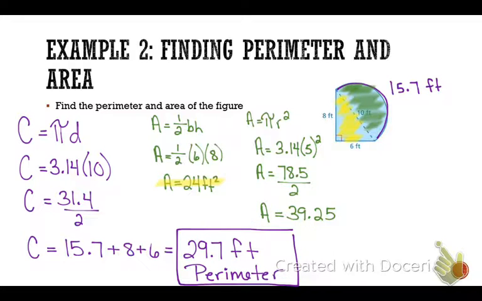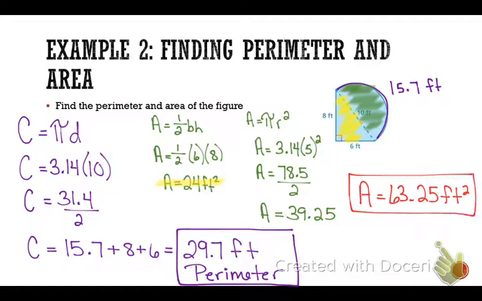Add them together. So 39.25 plus 24 gives me 63.25 feet squared. All right? It's not the easiest problem we solved all year, but it's doable. You did the area of the triangle, then the semicircle, and you added them together.